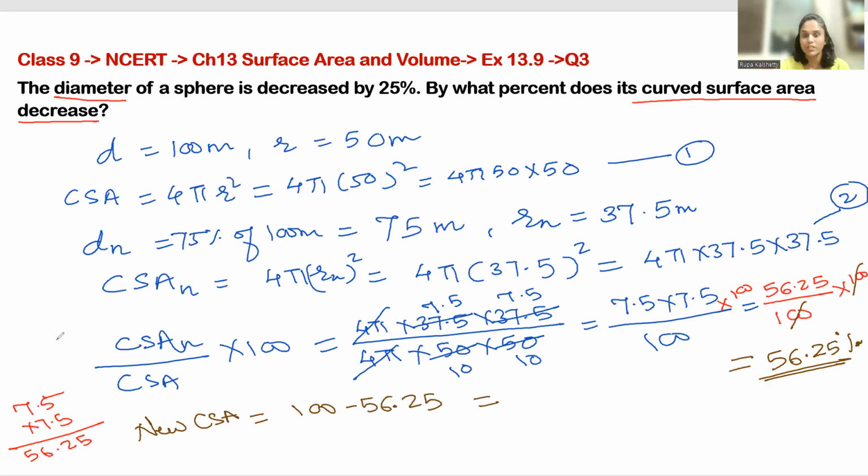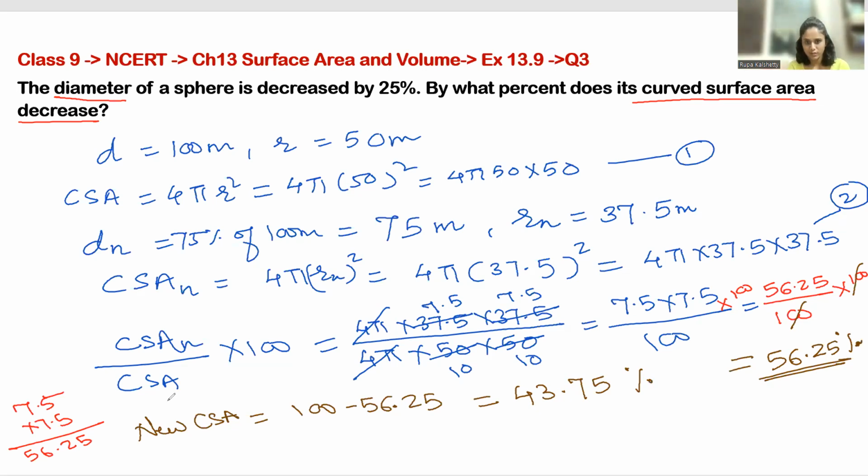You understand why we are taking away 56.25 from 100? Because the original was 100%, and now we decreased the diameter by 25%, so your new curved surface area is going to be 56.25%. But they're asking how much it has reduced by. So if you subtract 56.25 from 100, you're going to get 43.75%. And this should be your answer.